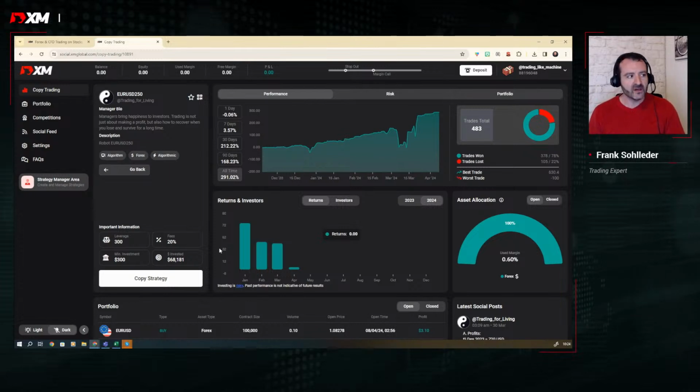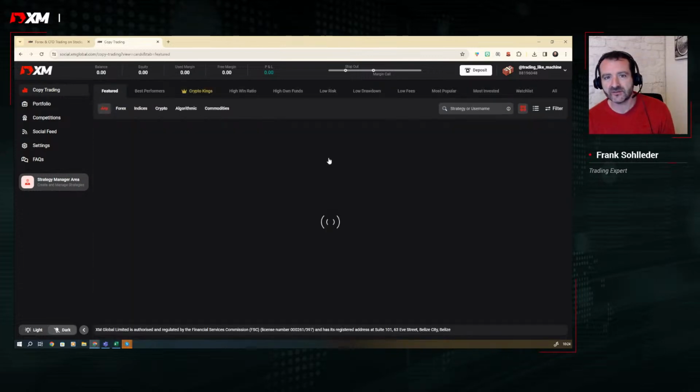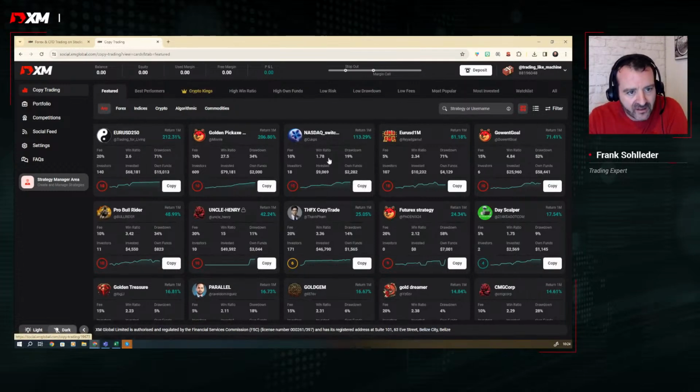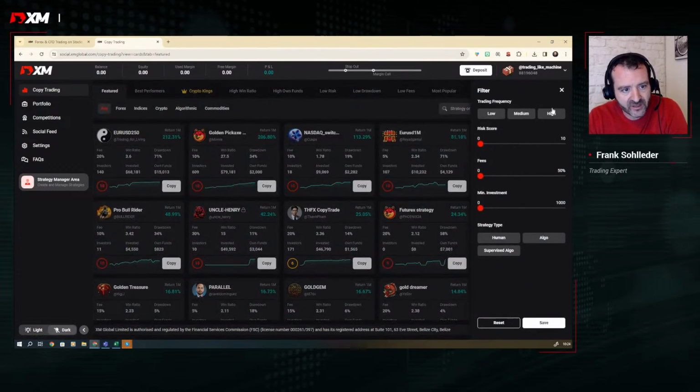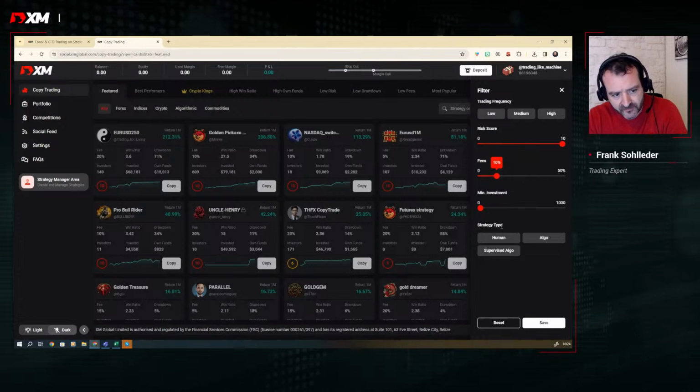So then the big question that we're coming to is, okay, but how to select the strategy then, if we're not going only for performance? Well, we can filter it. For example, let's keep the risk on 10, but the fees should be maybe not more than 10%, and the minimum investment should be around the same, at 350.